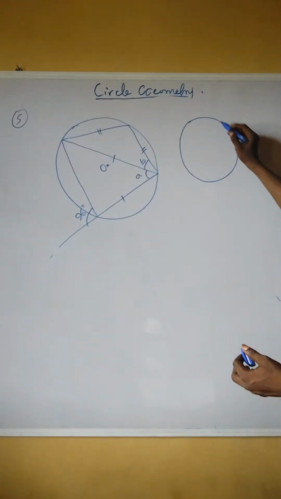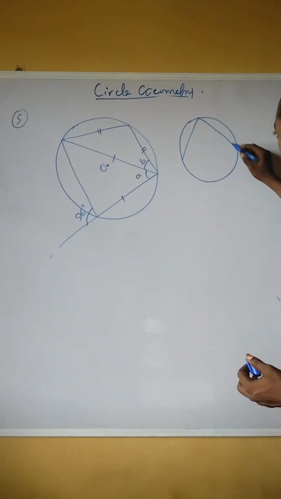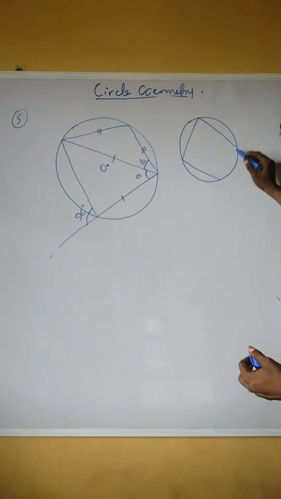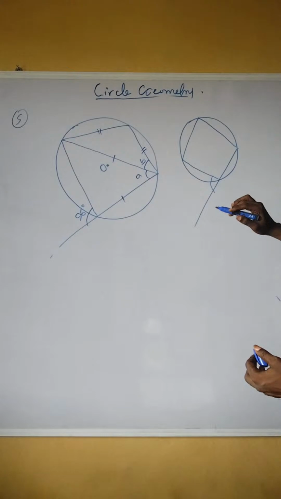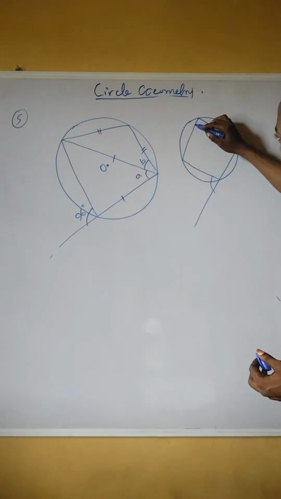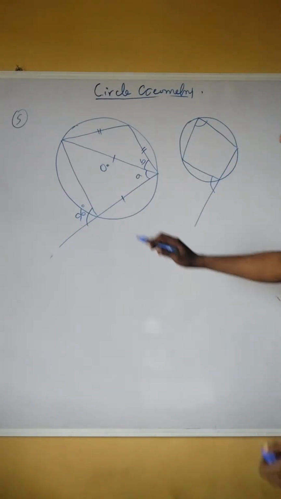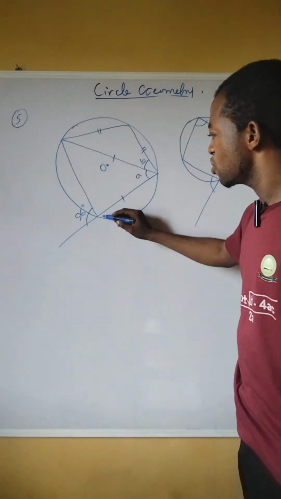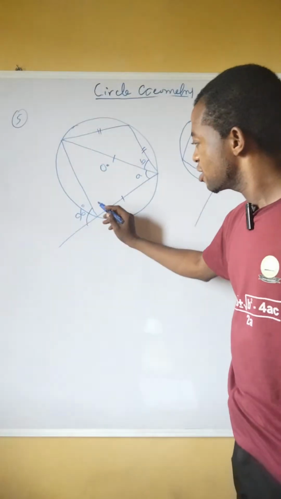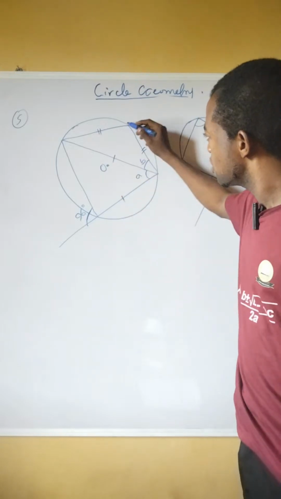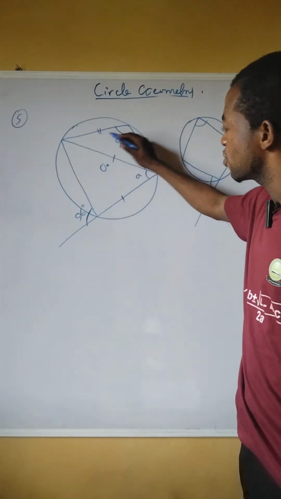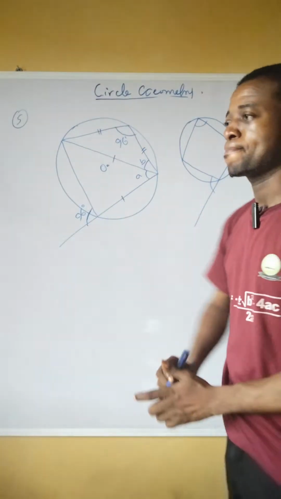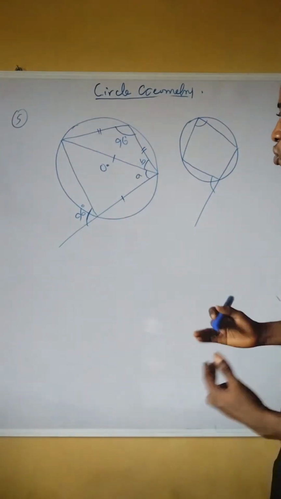That says whenever we have a quadrilateral inscribed in a circle and a side is extended out this way, this angle is the exterior angle and is equal to the opposite interior angle. So we don't have to waste our time. Once we see that this is extended, this is 96, that means here also will be 96 degrees. Why? It's a cyclic quadrilateral which is extended. So that's the purpose of this theorem.